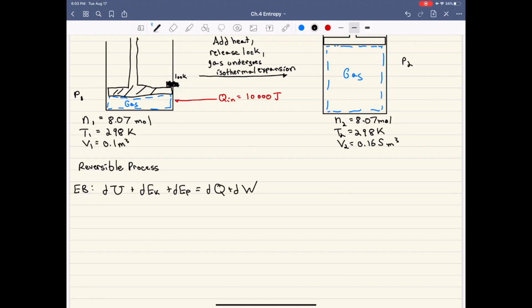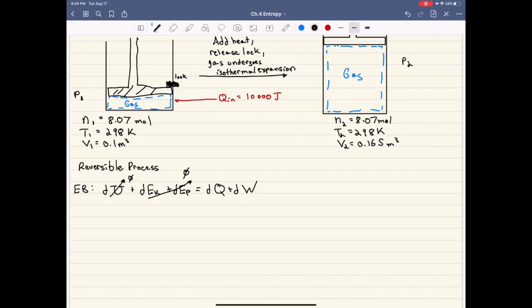In this system, it's isothermal, so the change in internal energy is equal to 0, assuming this is an ideal gas. We'll also assume that changes in kinetic and potential energy are negligible. So the only things we have left are dq and dw.